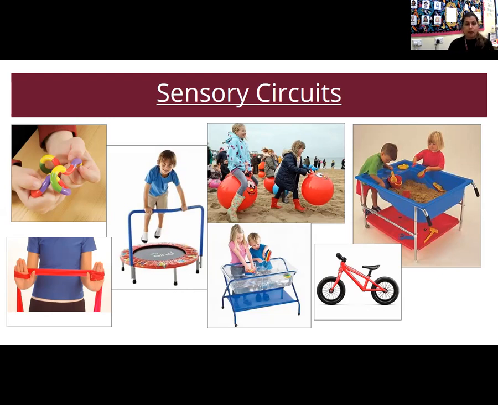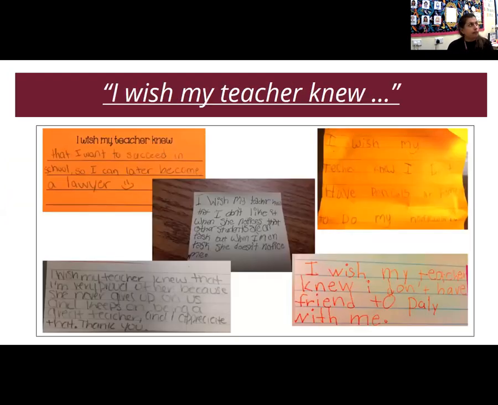We also have Wobble Cushions, so seating wedges for children that find sitting really difficult. Sometimes they're called Wobble Cushions as well. If your child finds sitting down very difficult and they're fidgeting all the time, you can purchase that, and I will put the link for that in the resources as well.